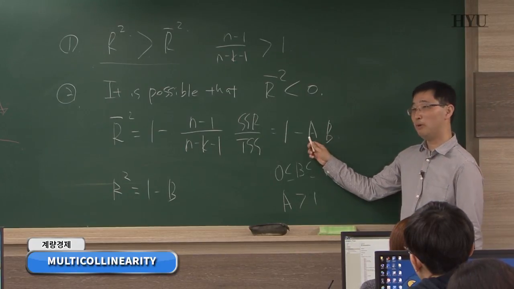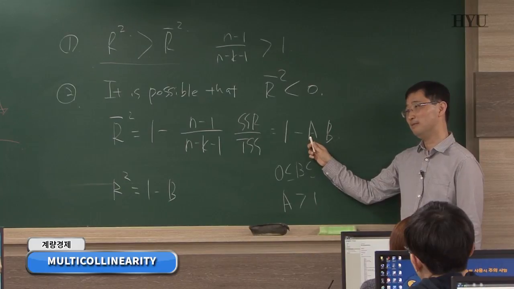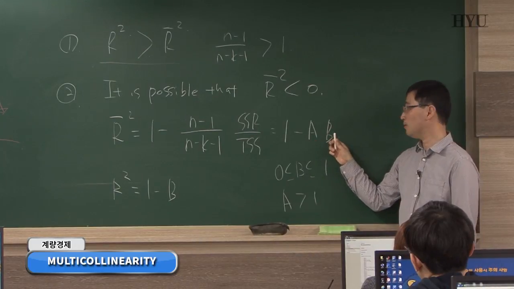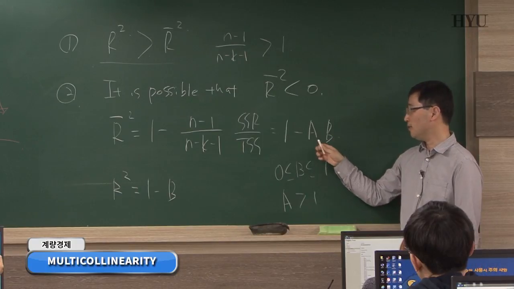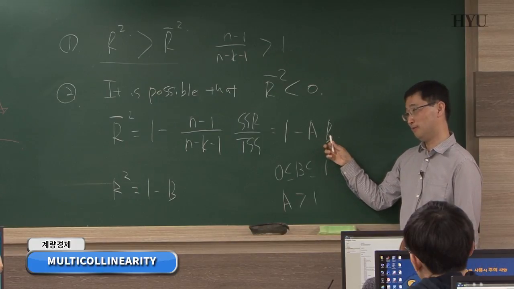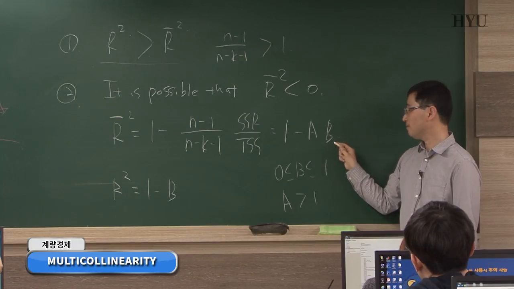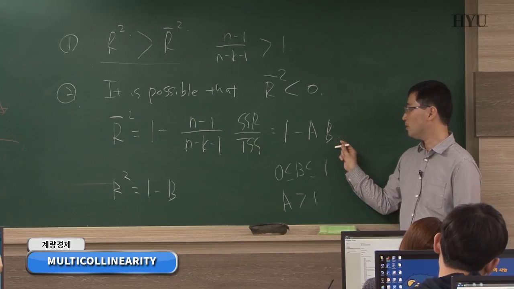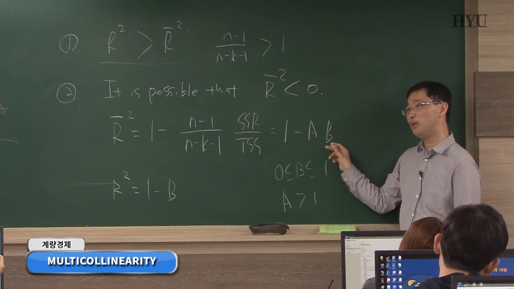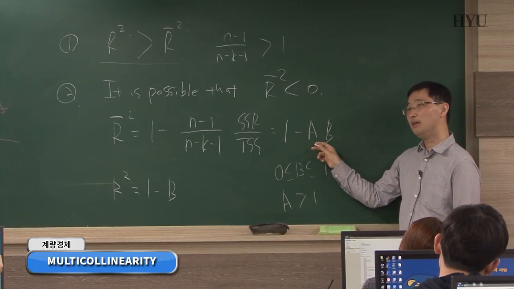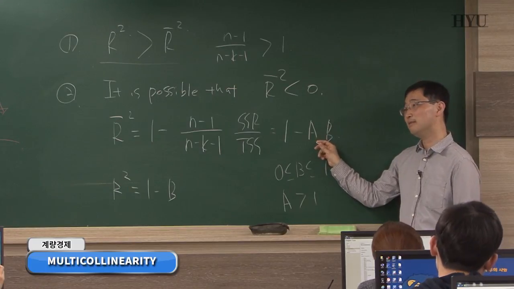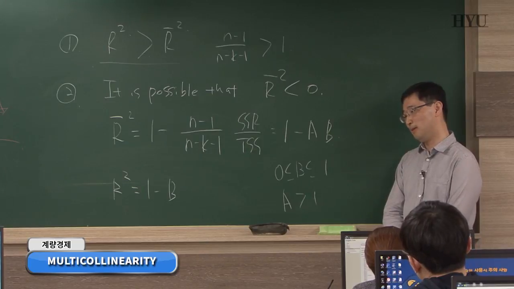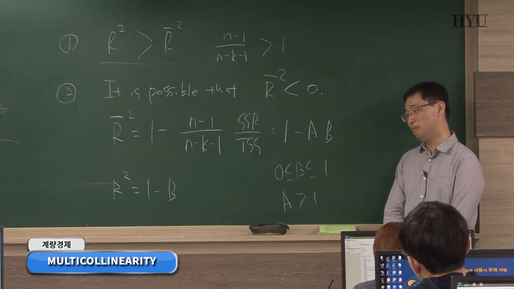Suppose that this is bigger somehow than compared to B, and you can have a situation where the product is bigger than 1. Okay? So in very unlikely situations, suppose B is close to 1, 0.99, and A is 1.02, things like that. The product can be bigger than 1, and we have this embarrassing moment.